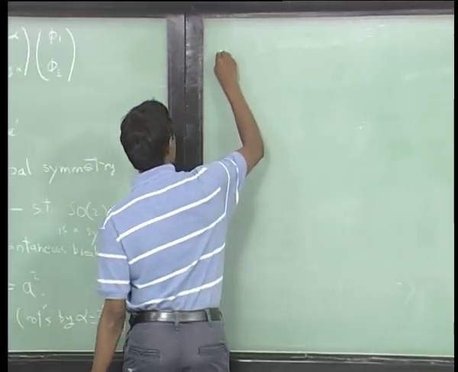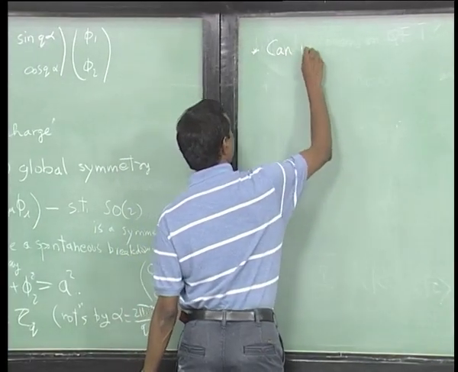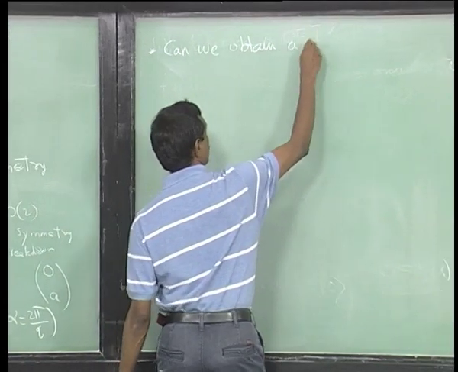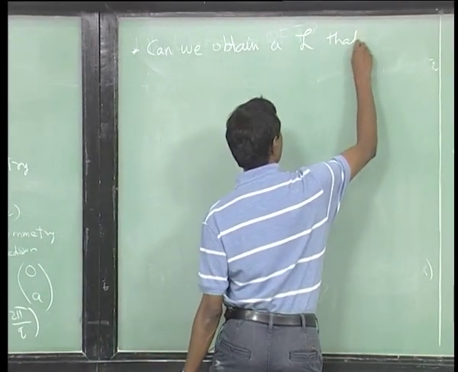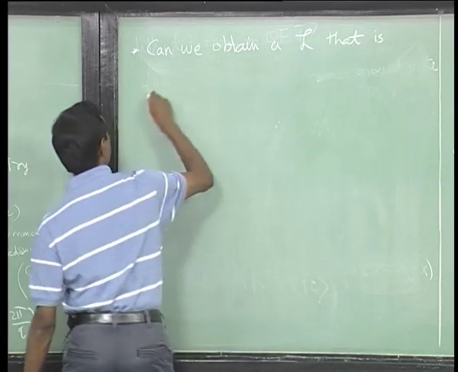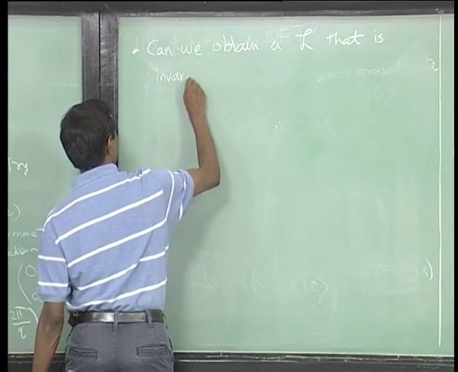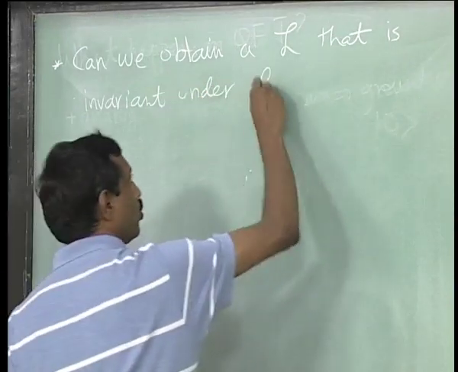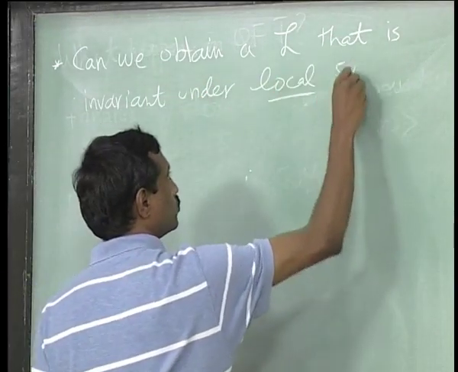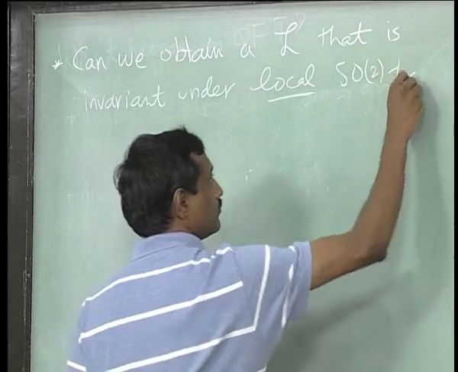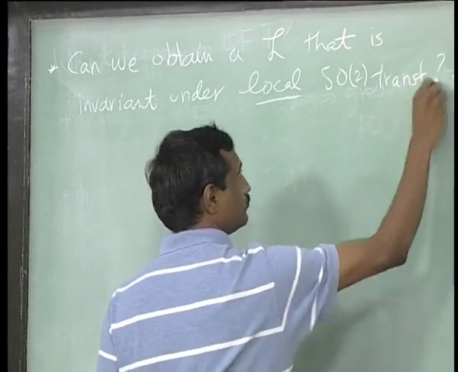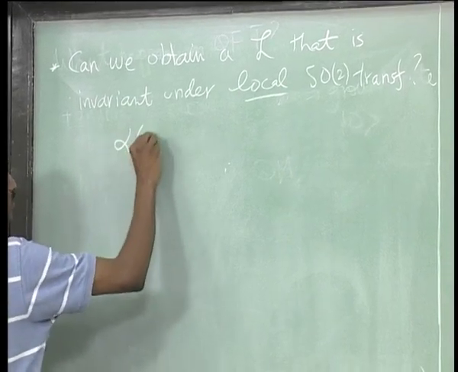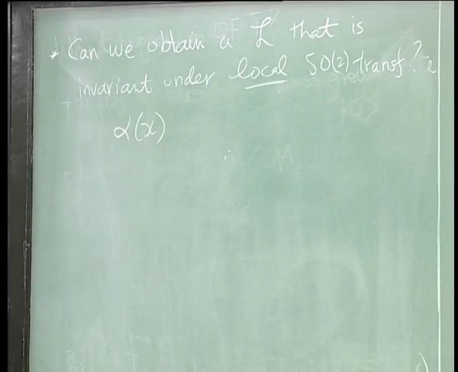So now the idea is, can we obtain a Lagrangian density that is invariant under local SO2 transformation. What I mean by that is just go back and think of the alpha parameter as a function of space time.